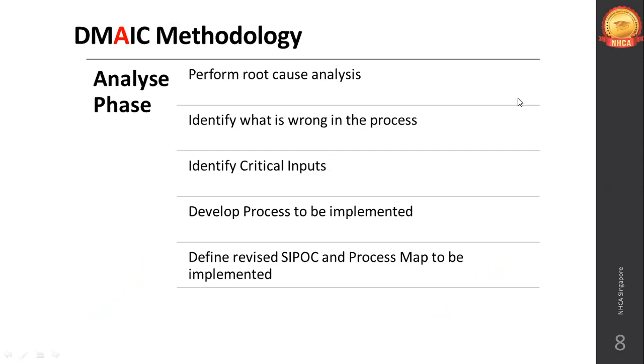Coming to the analyze phase, here Six Sigma aims to define the causes of defects, measure those defects, and analyze them, and only then you can understand how to reduce them. So perform root cause analysis, identify what is wrong in the process, identify critical inputs. For example, in a hospital, what are critical inputs?